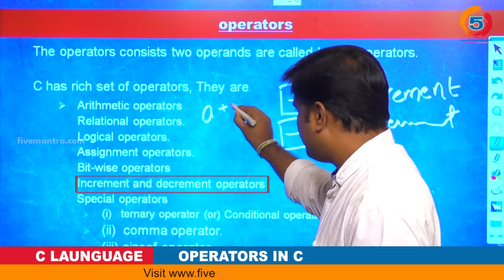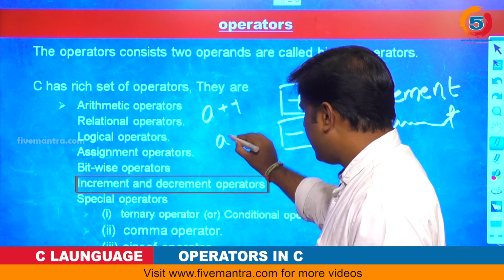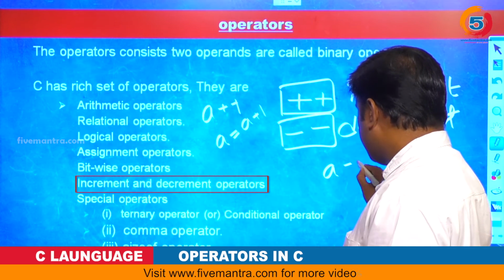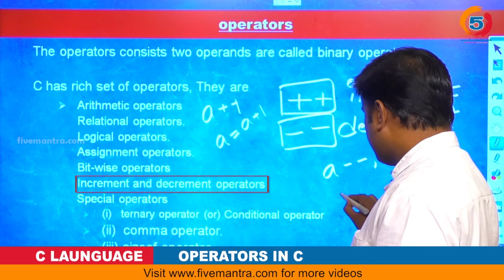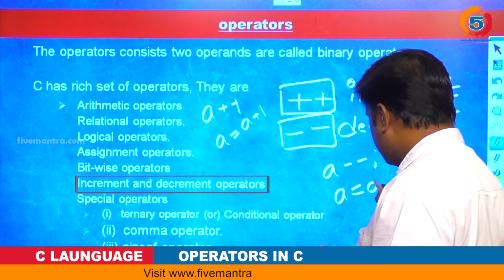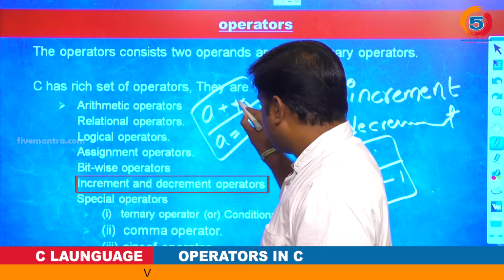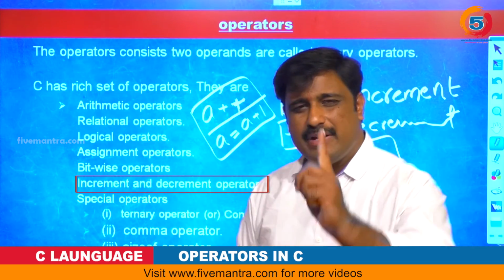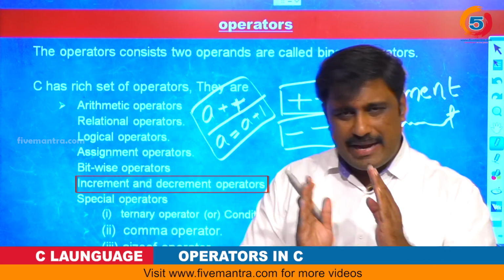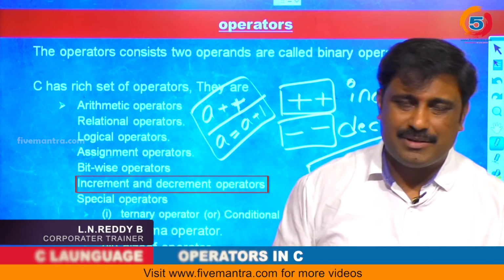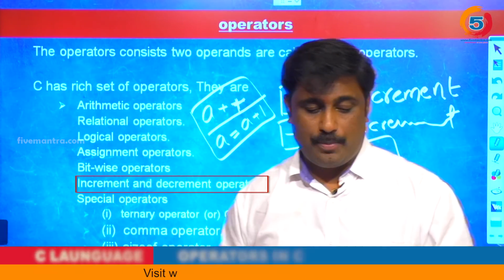If I write a plus plus, that is nothing but a equal to a plus 1, and if I write a minus minus, that is nothing but a equal to a minus 1. Simple, right? a plus plus increments by 1, and minus minus decrements by 1. That's why we call these increment and decrement operators.